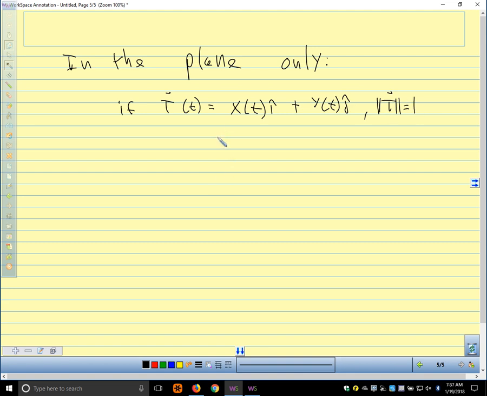So this tells us that the square root of x of t squared plus y of t squared equals 1.